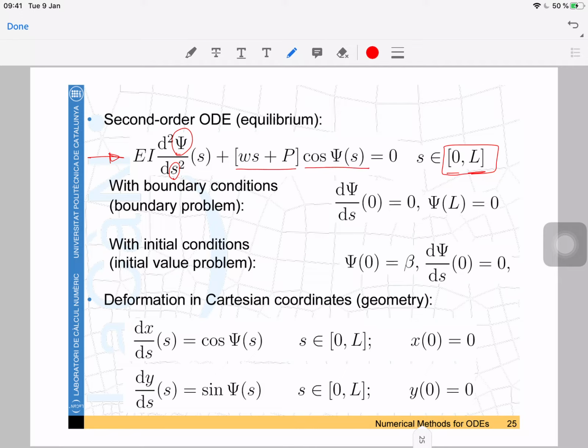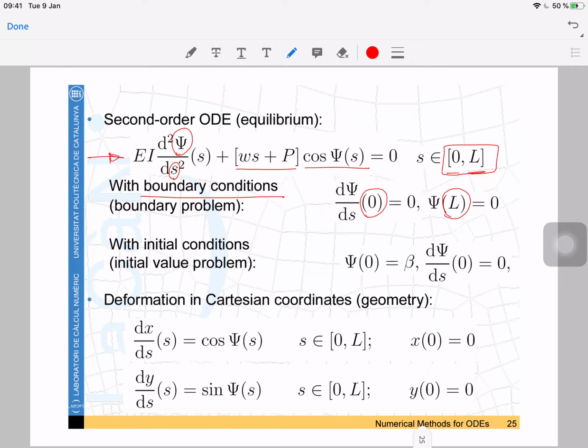So we can impose two different kinds of conditions for this ODE. The first one is the boundary conditions, where we impose some conditions on the first point and the last point of the beam.